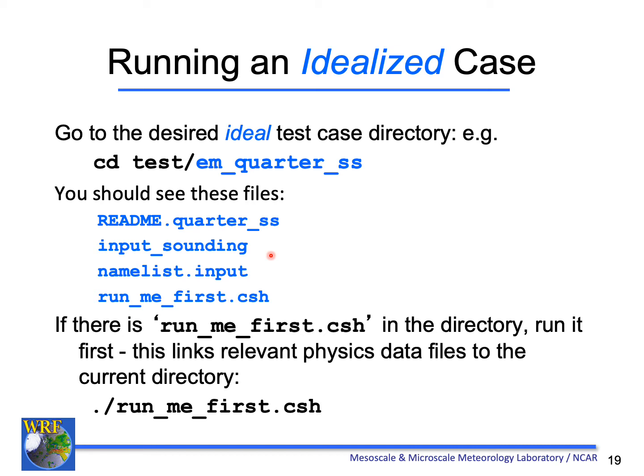As it turns out, this case by default only uses warm rain microphysics, which doesn't require any physics data files. This is another characteristic of an idealized case simulation. It often uses only a subset of physics, or sometimes no physics.